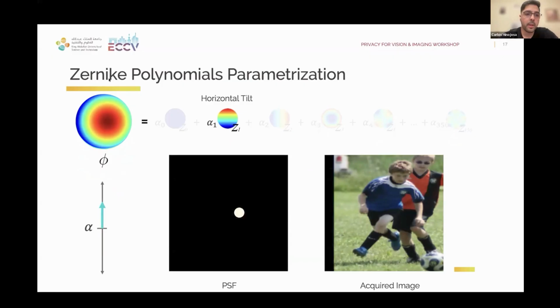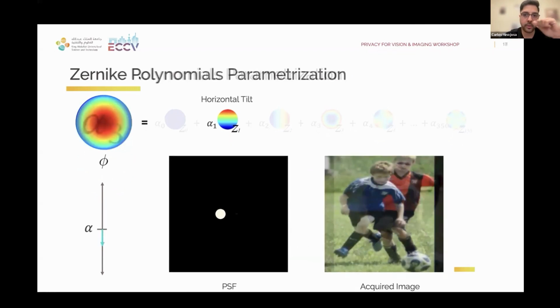For example, this wavefront aberration, whose name is horizontal tilt, basically represents an inclination of the wavefront in the x direction.